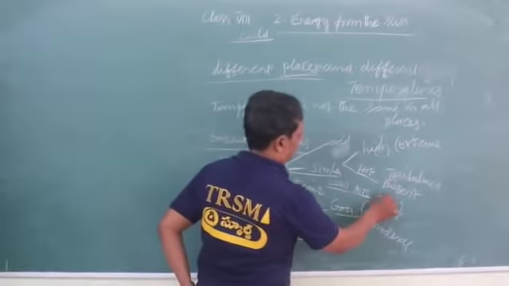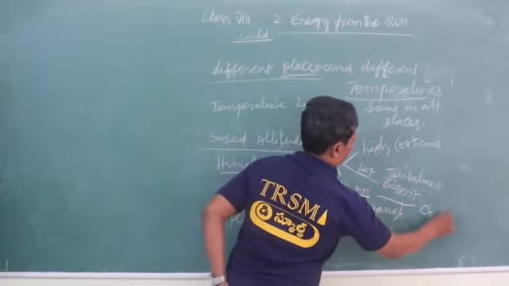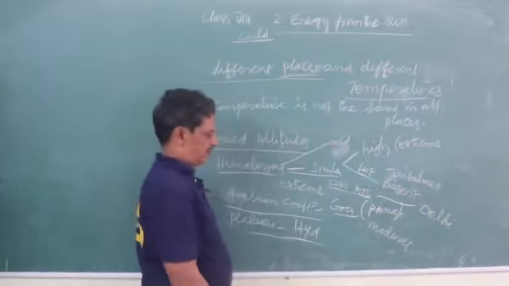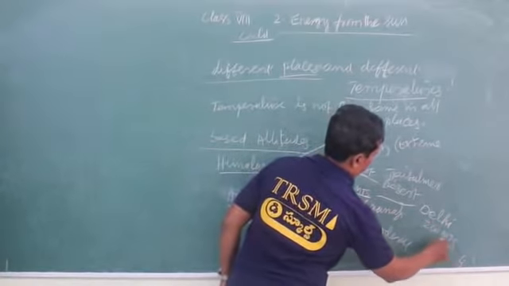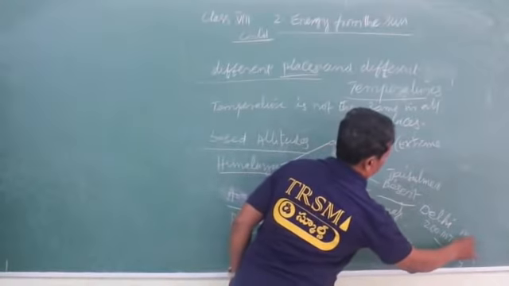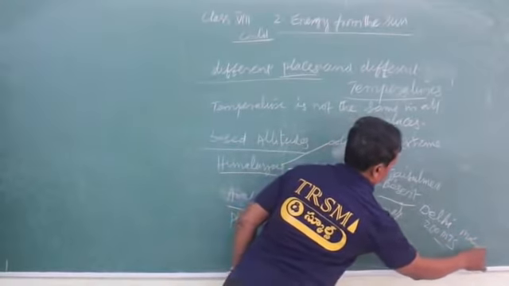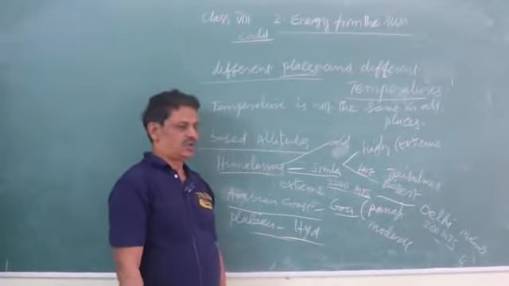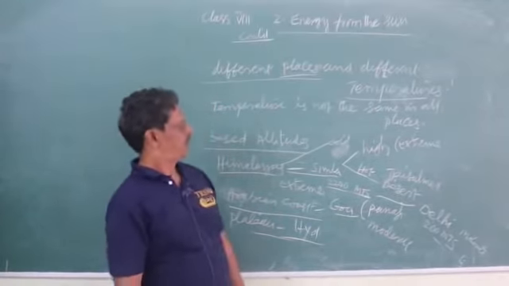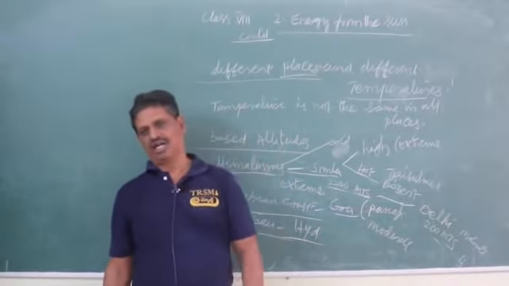Suppose compare with Simla, Delhi is at 200 meters. This is moderate, medium. So this is a variation of temperature.